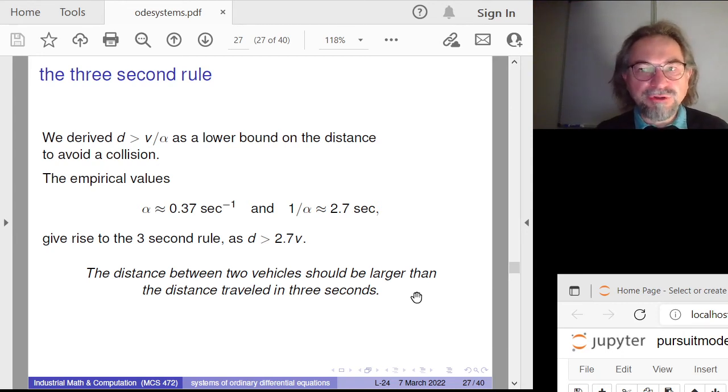And it's kind of logical that as the velocity increases, the distance should also increase. And here you see this factor 2.7. And here is the 3 seconds rule now, that the distance between two vehicles should be larger than the distance traveled in 3 seconds.